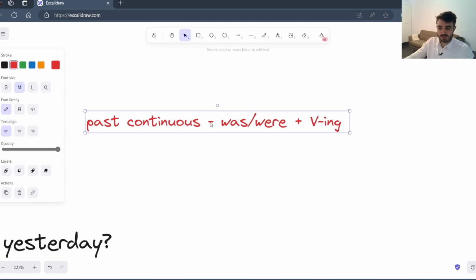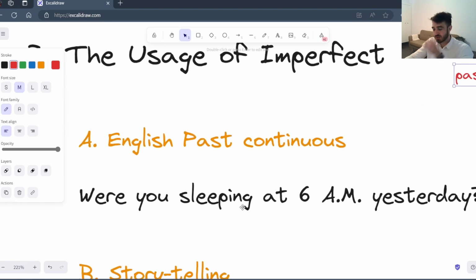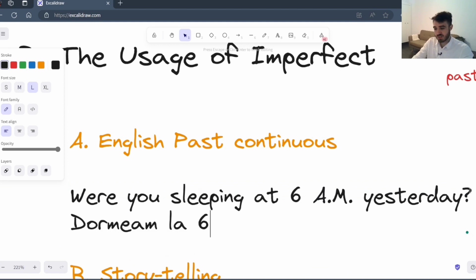That's past continuous, right? So if you look here, were you sleeping at 6 a.m. yesterday? If you want, you can give it a shot. You can practice this now and try to translate it. Otherwise, I'm going to give you the answer. So this will be dormeam la 6 dimineața.